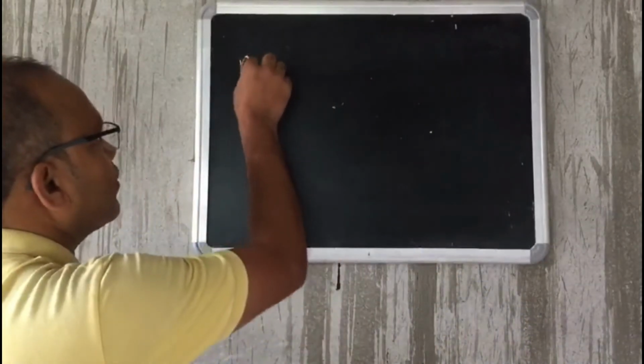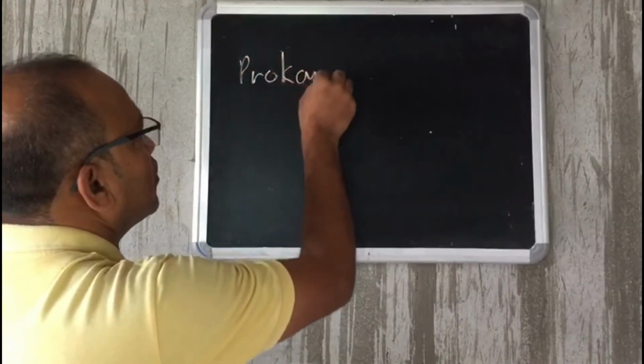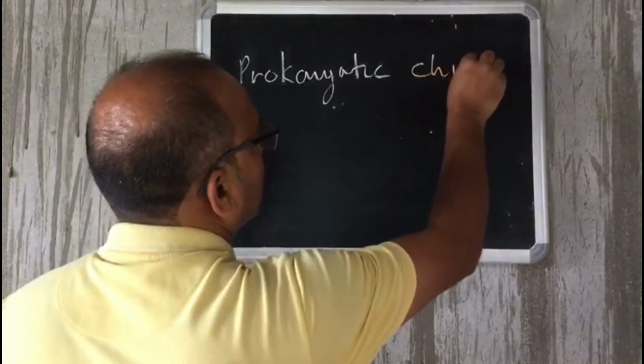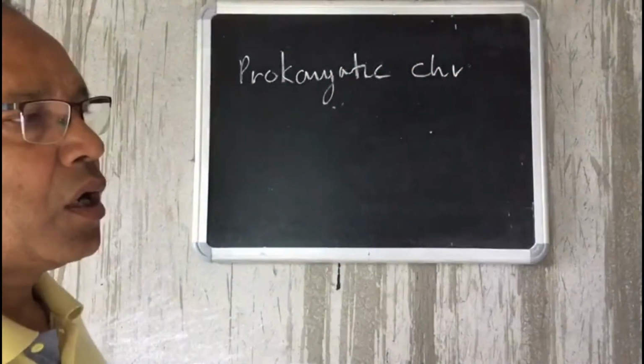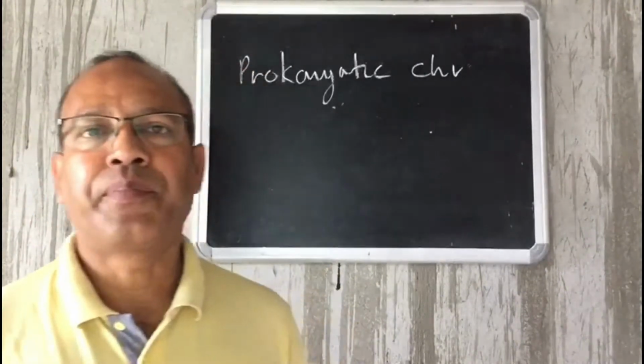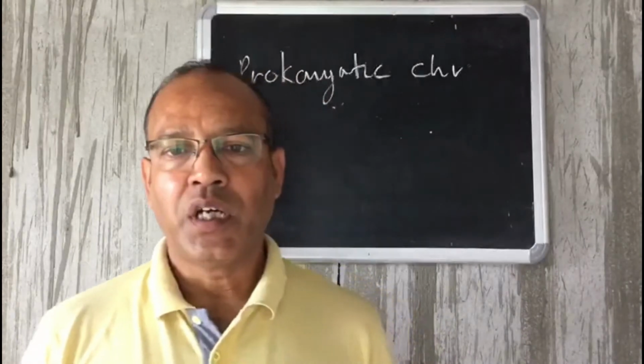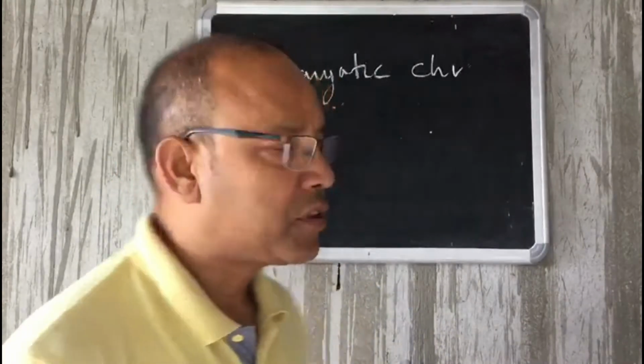Now the prokaryotic chromosome, we already know, is a primitive type of chromosome, or we can say the first form of chromosome.